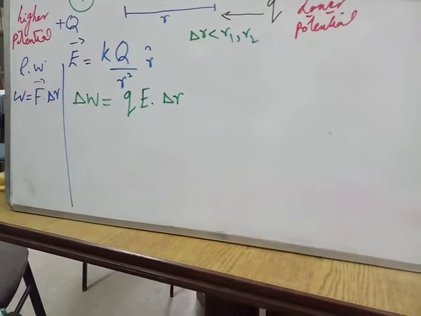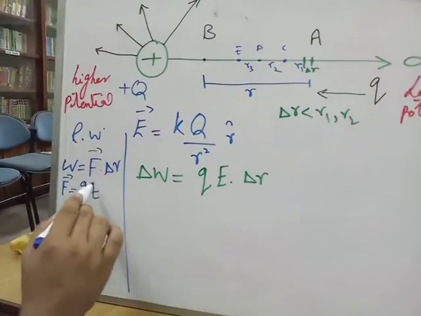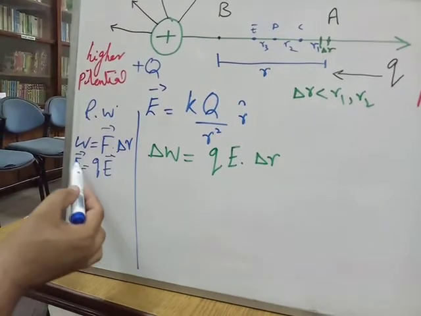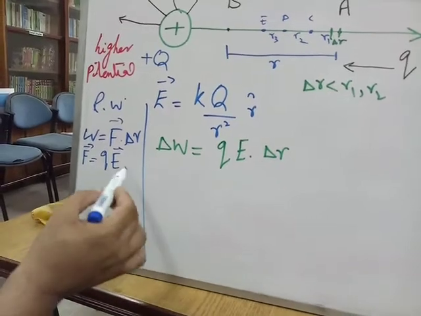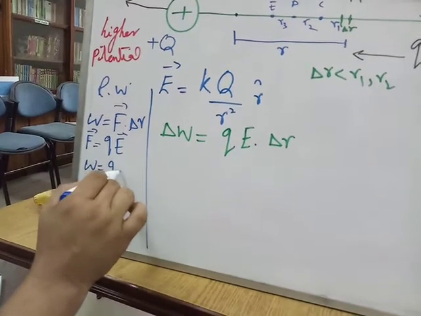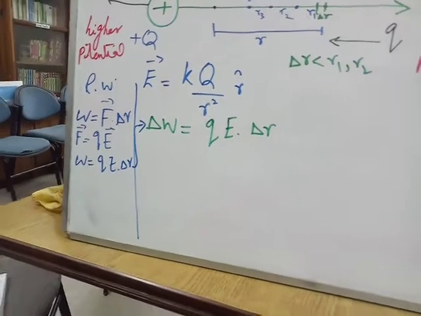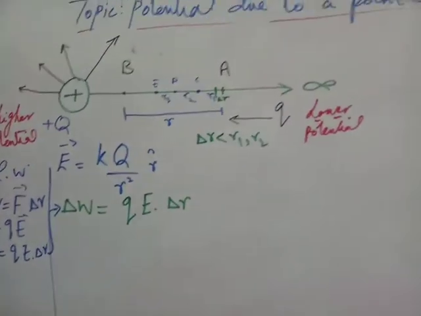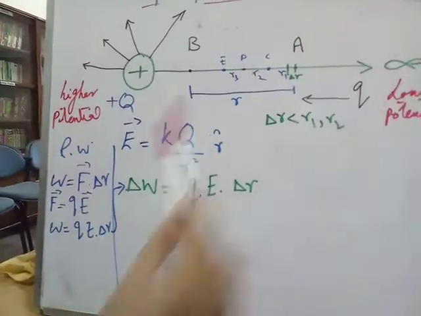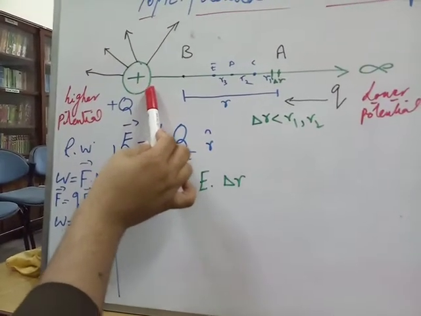The electrostatic force is equal to Q into E. You define the electric intensity as force per unit charge, so from that equation the force is Q into E. So the work will be done in the form of QE into delta R. You can note that this Q is moving against the electric field: Q moves towards the positive Q and the electric field line is away from it.